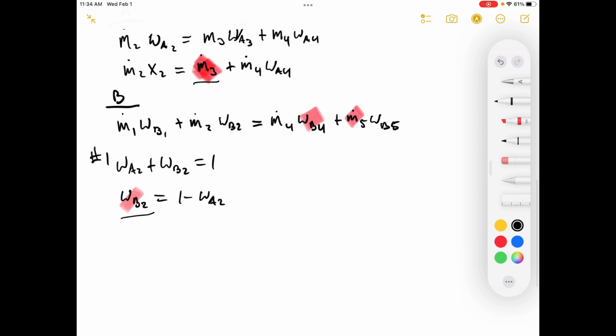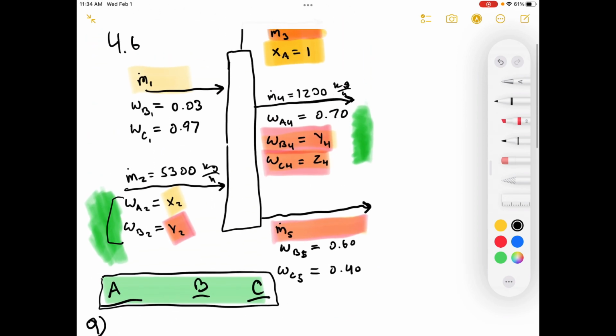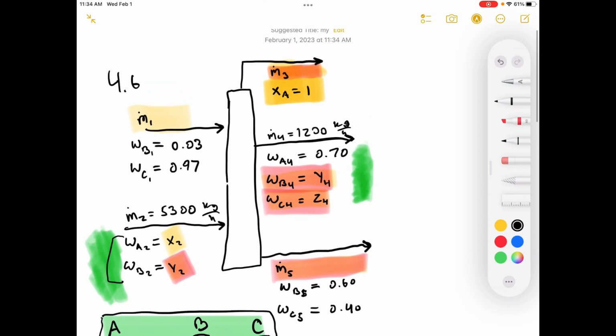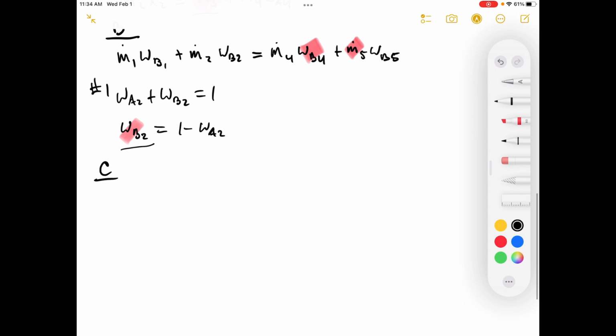Okay, so let's now do our part C. C goes in stream 1 and comes out 4 and 5. So 1, 4, and 5. So WC1 mass 1 equals mass 4 WC4 plus mass 5 WC5.